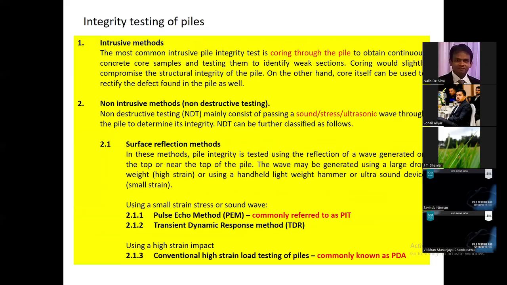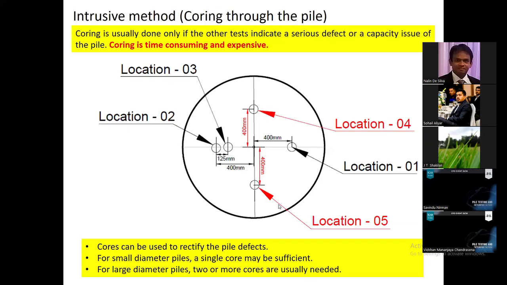First, the intrusive method, coring through the pile. Coring through the pile is usually done only if the other tests indicate a serious defect. Like direct transmission methods or surface reflection methods indicate a serious integrity issue, then to further investigate the problem, location, the extent, and so on, we can carry out coring.